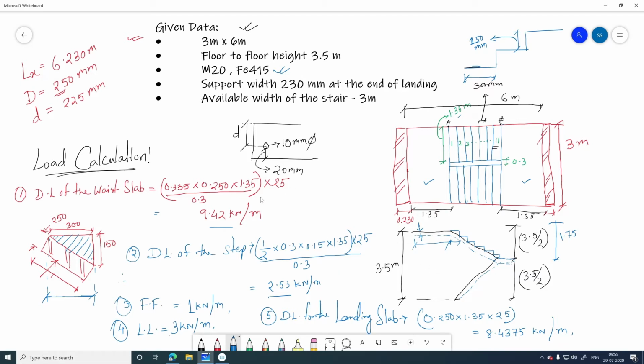So let's summarize this. So the dead load of the landing slab, let's remove all this.